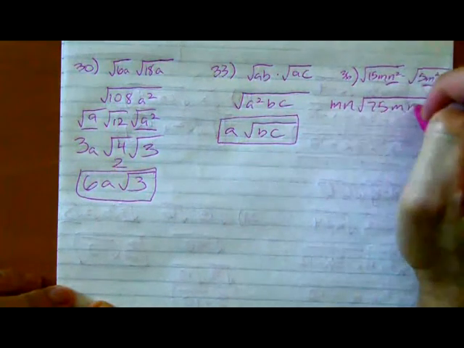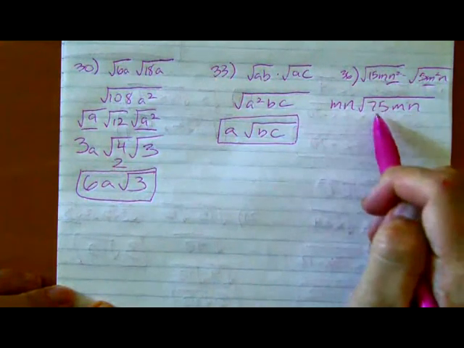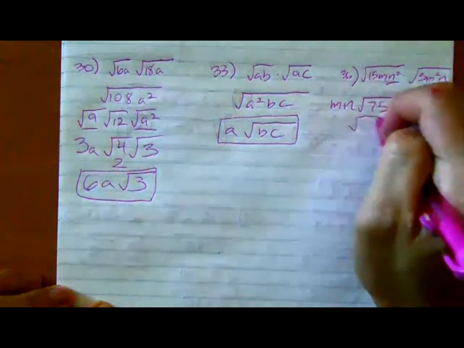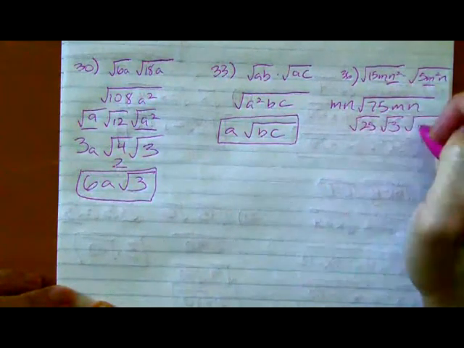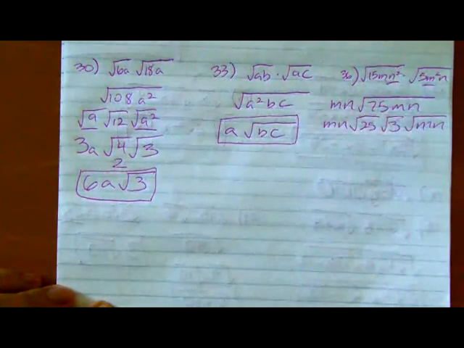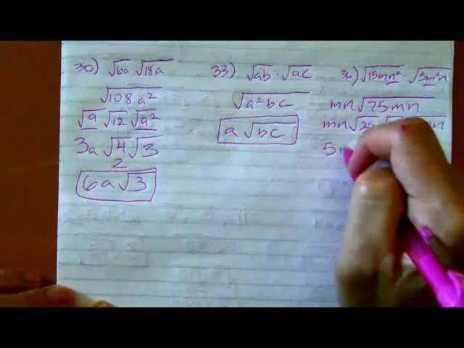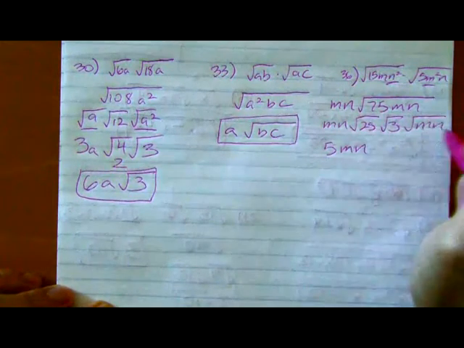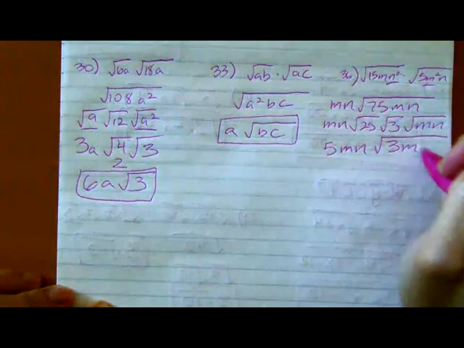M and n. I can factor the 75. 25, 3. I'll separate the m and n. I can square root the 25. That's 5. I can't do anything with those, so that's left under the radical. 3mn.